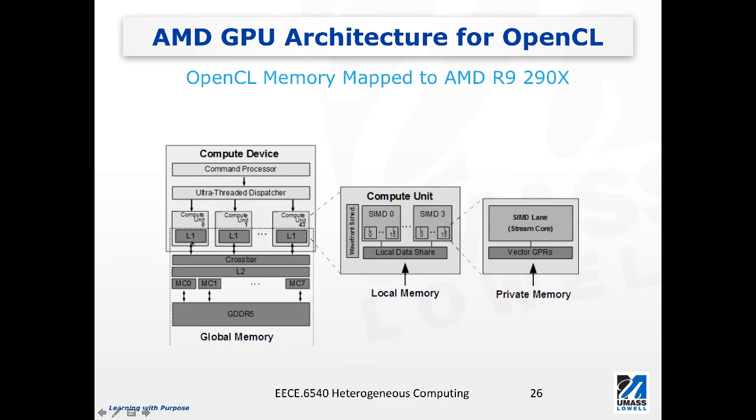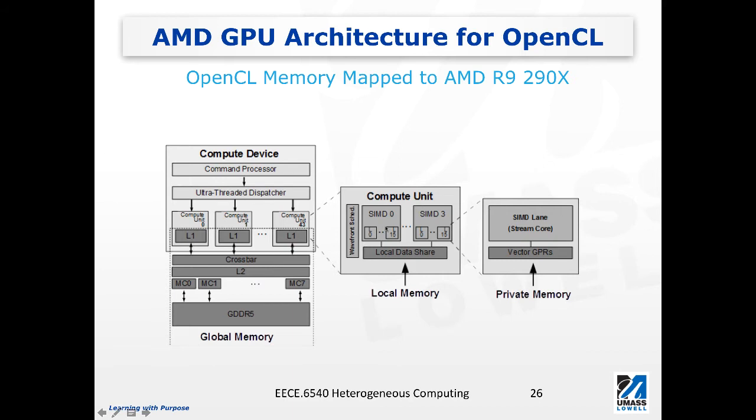Through the level 1 cache, the compute unit is connected to a shared level 2 cache through a crossbar interconnect. Through the level 2 cache, there are 8 memory controllers which connect to a global shared graphics DDR5 memory. So with this DDR memory, level 2 cache and level 1 cache, you have a complete memory address space. And this is going to be used for the global memory in OpenCL.